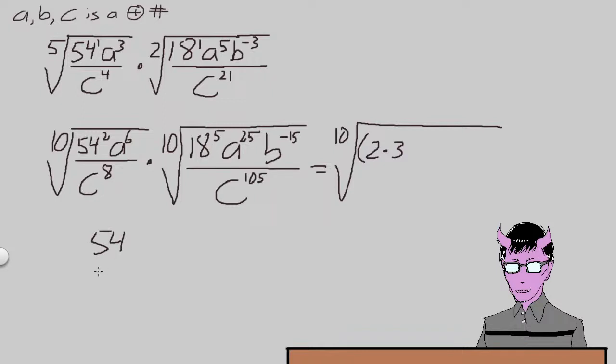So 54 is 6 times 9, which is 2 times 3 squared. Okay, there it is. So this is going to be exponent 3, exponent 2. Again, I'm just breaking it apart because you may have to simplify that depending on your teacher. So this one is, ooh, it's a 2. So 2 times 9, which is 3 squared. So 2 times 3 squared to the power of what? To the power of 5.